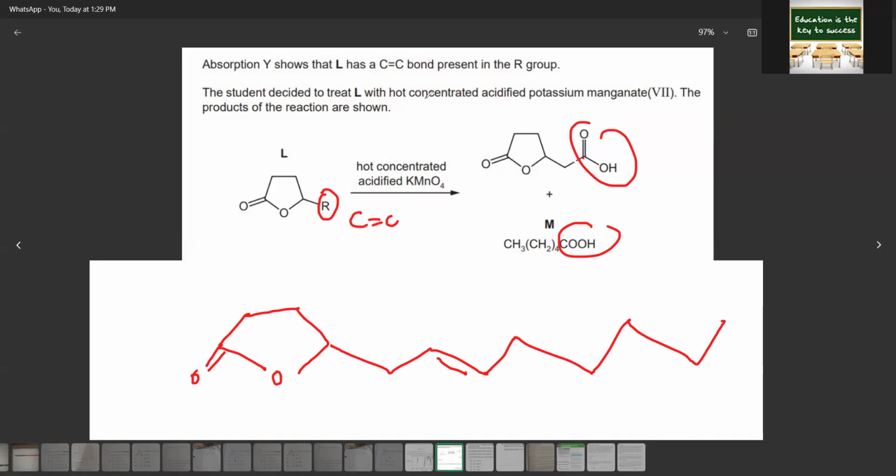How do we identify that this is the original structure of L? Because when we use hot concentrated KMnO4, the carbon-carbon double bond will break.